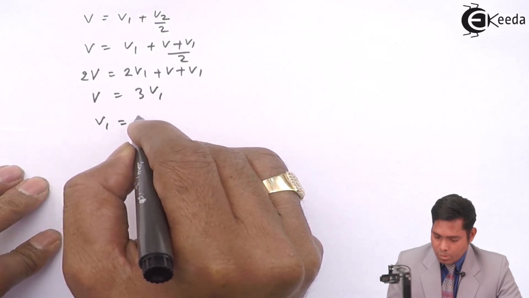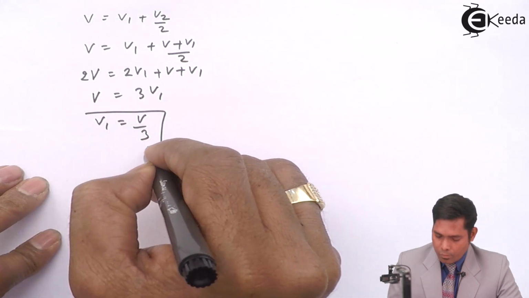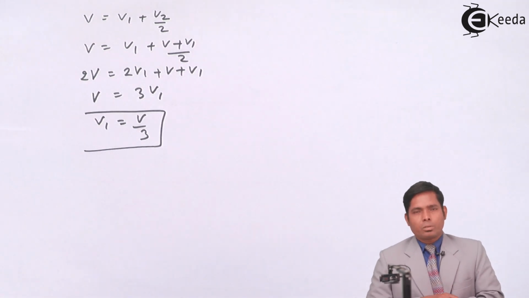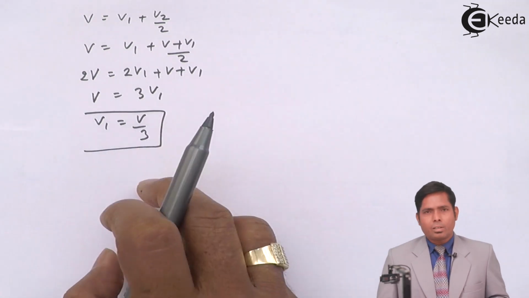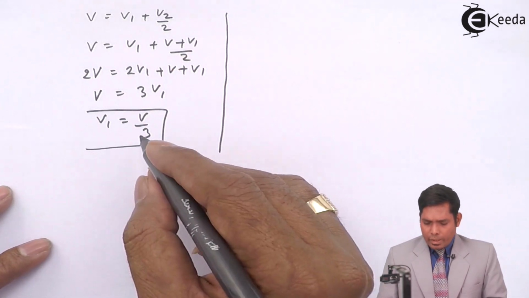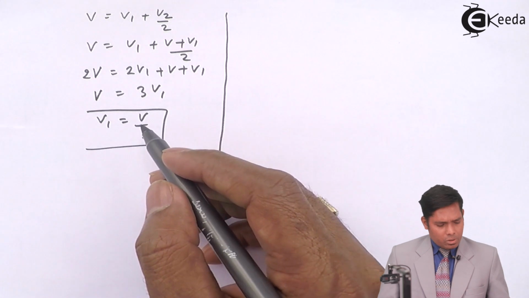So v1 equals v by 3 is the first value of velocity. That means after collision, the object of mass m which was moving with velocity v will have 1/3 of the initial value.